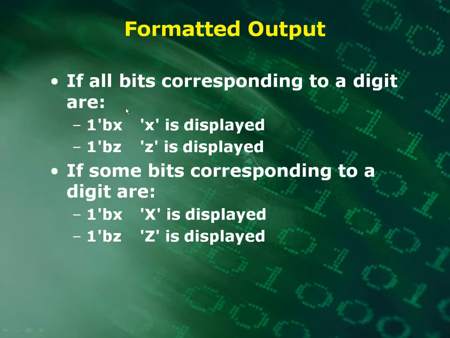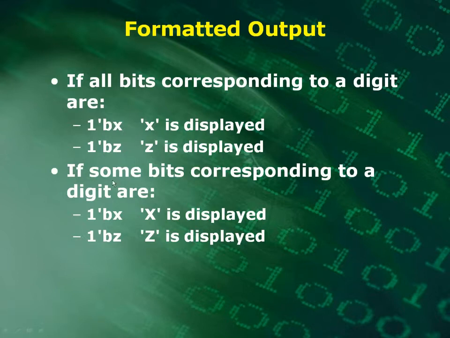Also, if you're printing out some digit and all of the bits corresponding to a digit are a 1'bX, then you'll get an X displayed. So say you're printing out some 4'h hex value, but all of the bits were 1'bX, then the display will be a lowercase x.